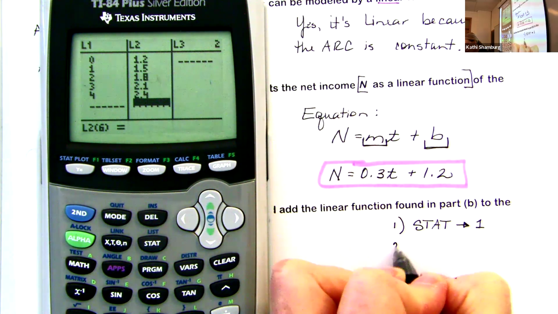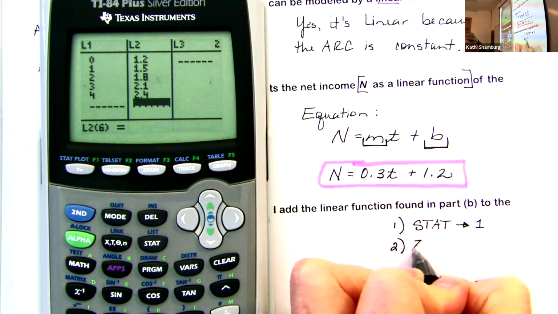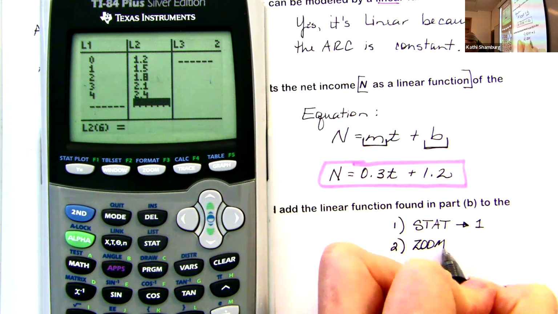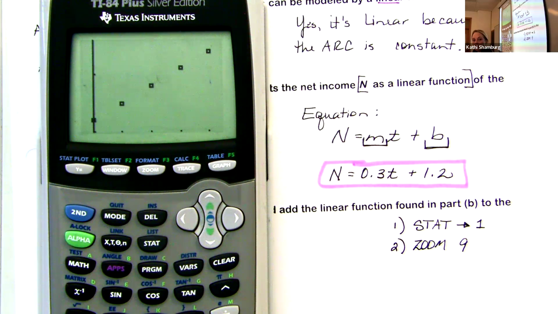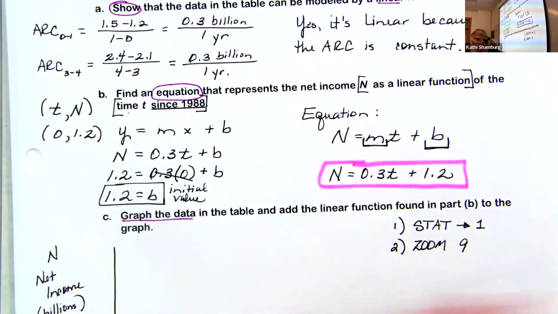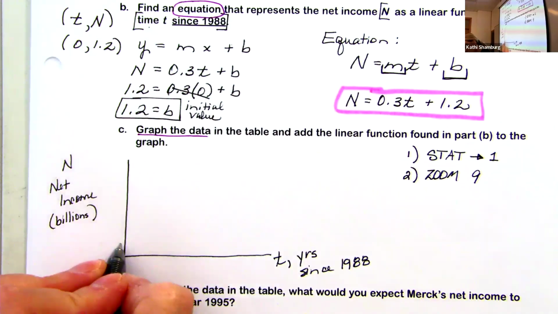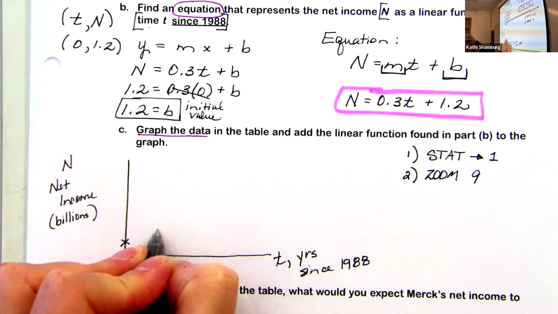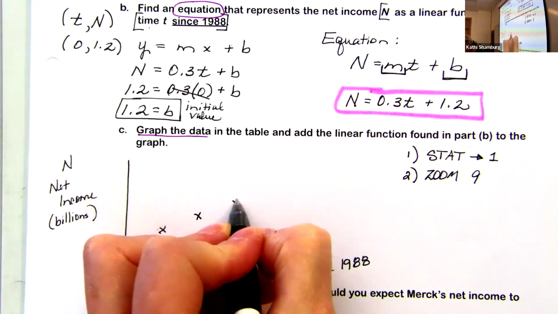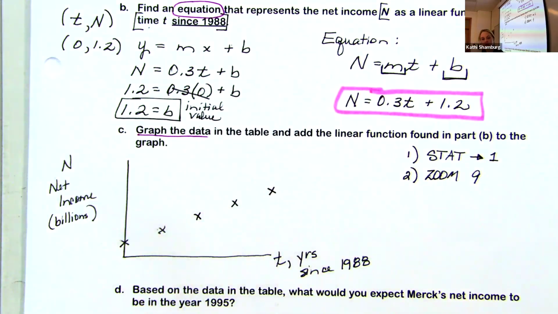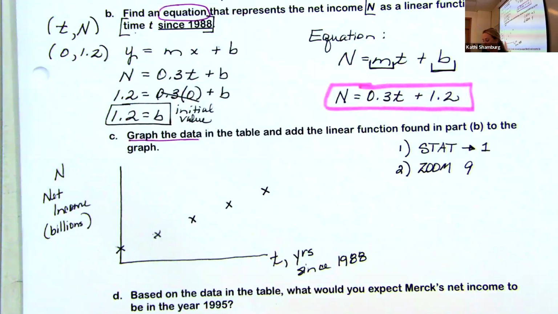So what do we go to now? Zoom 9. And you get something like this. Okay, so you should have 5 ordered pairs. It actually probably goes up more, but it would be fine.